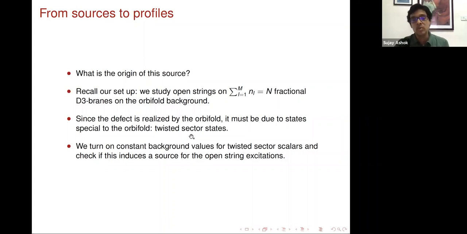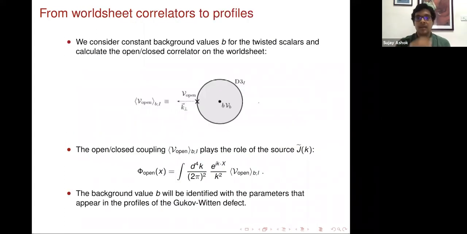So what we will do is turn on constant background values for some twisted scalar fields in the orbifold, and then show that indeed it generates a source for open string sectors. In particular, we will compute this disk diagram.